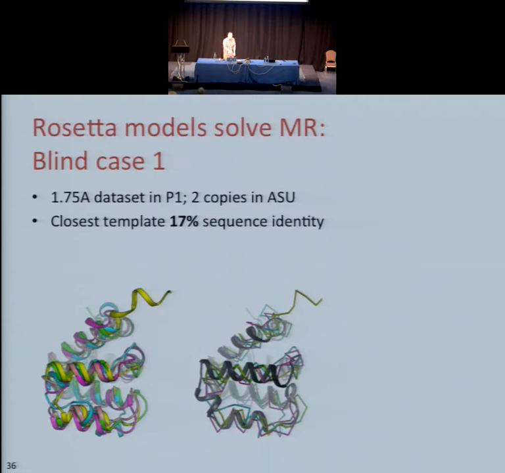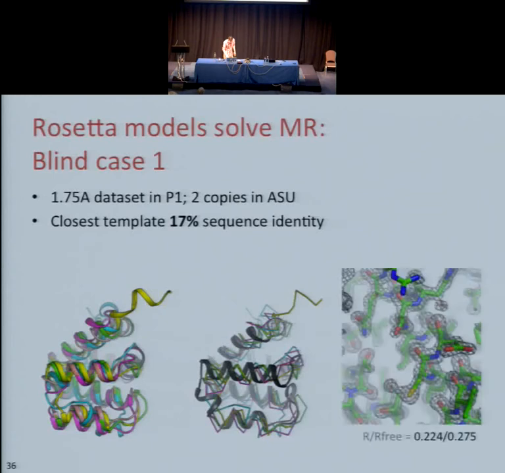And this is all fairly small scale sampling. This was just constructed overnight on a 20-core machine. So it's not a super significant amount, maybe a CPU week of time. And again, in this case, Phaser found a pretty easy solution for this. Automatic chain tracing was then able to take this basically to completion.